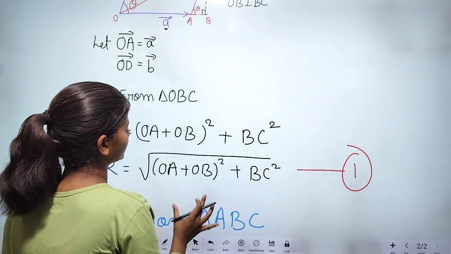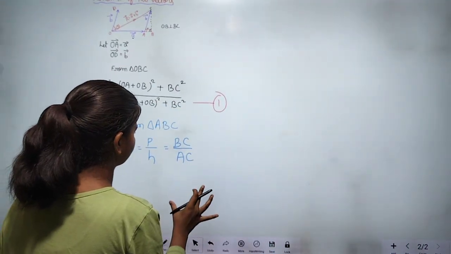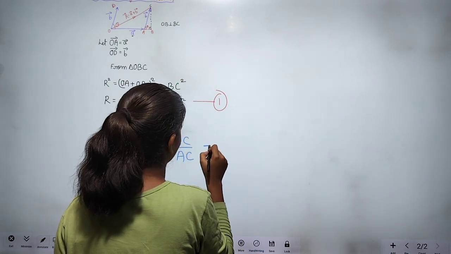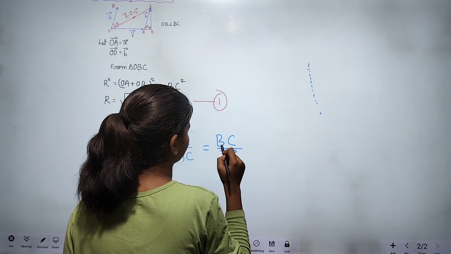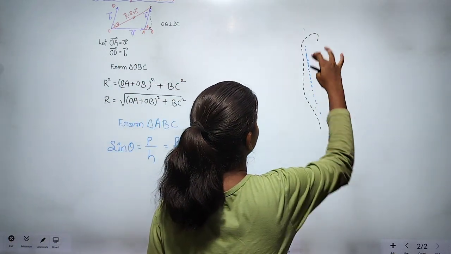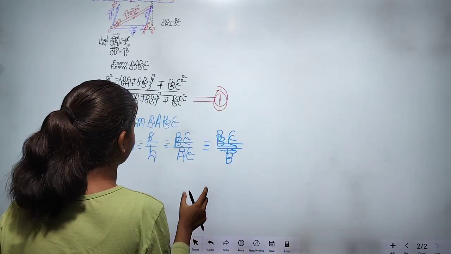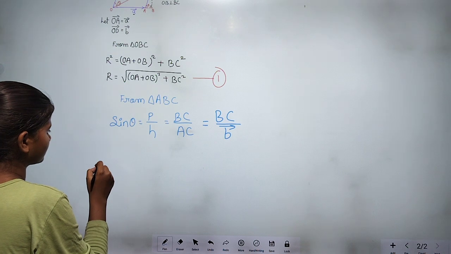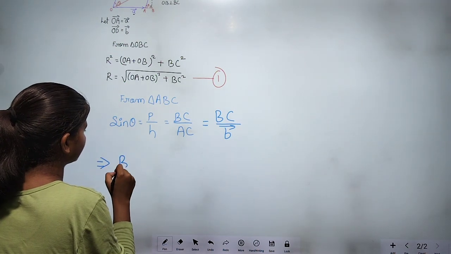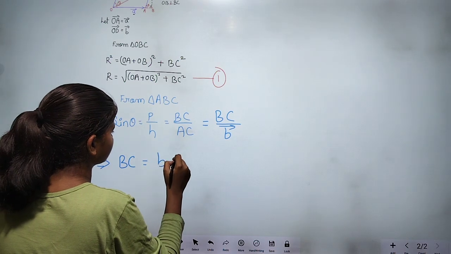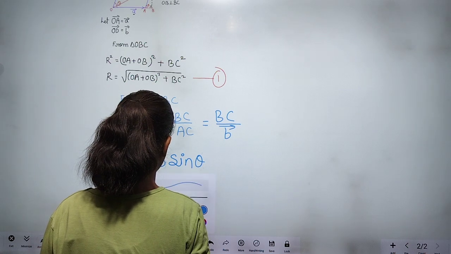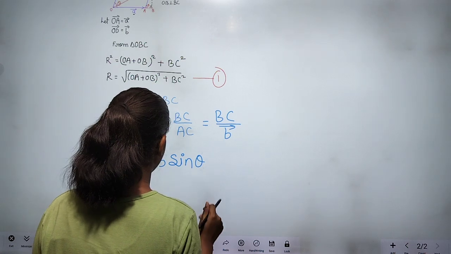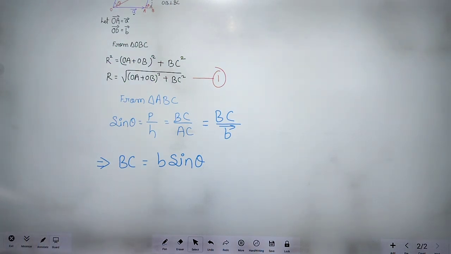So BC by AC is equal to B vector. Now here BC is equal to B sin theta.